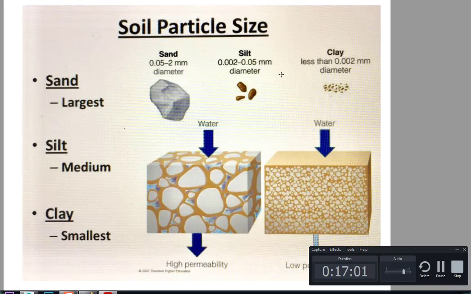And clay is another, finer particle, with a size of less than 0.002 millimeter. So you can see the sand particle is very large, silt is middle level, and clay particle is very fine. These three compositions make the soil quality.